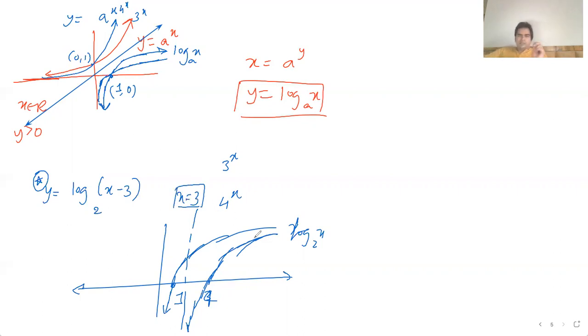So this is as far as the log basic graphs and properties are concerned. Now let's take two questions that are a little tricky and challenging, and they will help us understand the entire property in more detail. So consider that I have y equals log (2 minus x) to the base 5 plus 3.